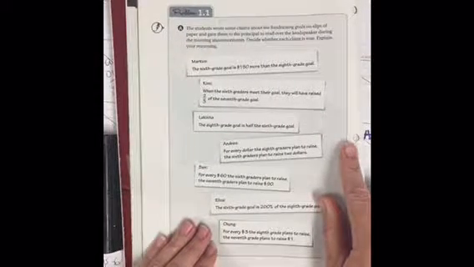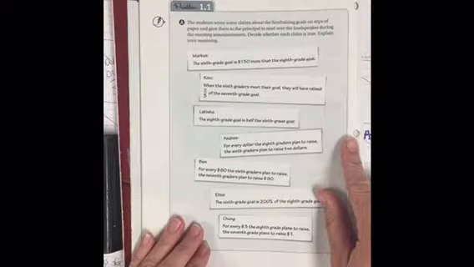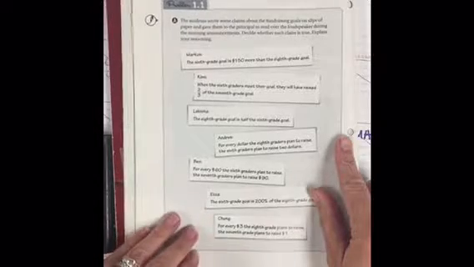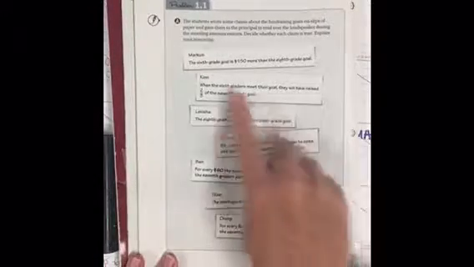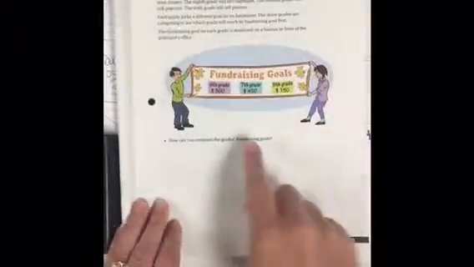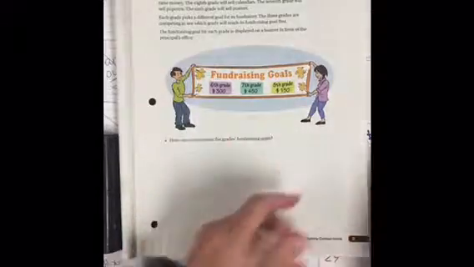So if you look at our questions, Marcus, or A, says the students wrote some claims about the fundraising goals on slips of paper and gave them to the principal to read over the loudspeaker during the morning announcements. Decide whether each claim is true. Explain your reasoning. Marcus claims that the 6th grade goal is 150 more than the 8th grade goal. So let's go back. Is the 6th grade's goal 150 more than the 8th grade's goal? Yes, it is.